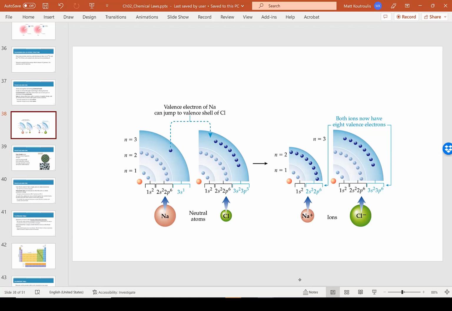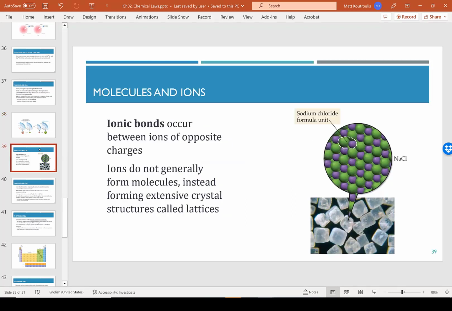We could call this the unit, because for every one sodium, there is one chloride. That would be true. But what they do is, instead of forming pairs like this, they form a more complicated structure that we will call a crystal lattice. So you'll notice these big green spheres, if this is sodium chloride, represent chloride ions.